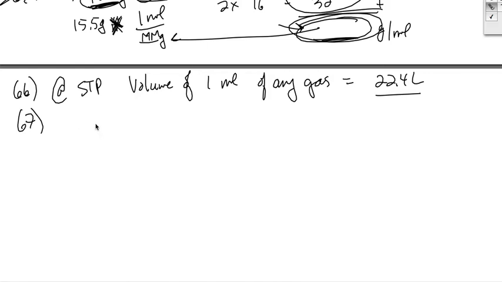Calculate the volume of each of the following at STP. So these are all mole amounts. All you have to do is take moles times 22.4, since 1 mole is 22.4. So 2 would be double that, 3 would be triple that. On every single one in number 67, they give you a mole amount. Just take the number of moles times 22.4, and you'll have all the answers for 67.